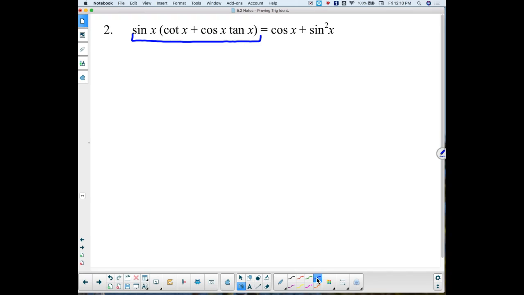So if I distribute in that sine, because that's legal, I can distribute into a parentheses, I get sine of x cotangent of x plus sine of x cosine of x tangent of x. Right? Okay.